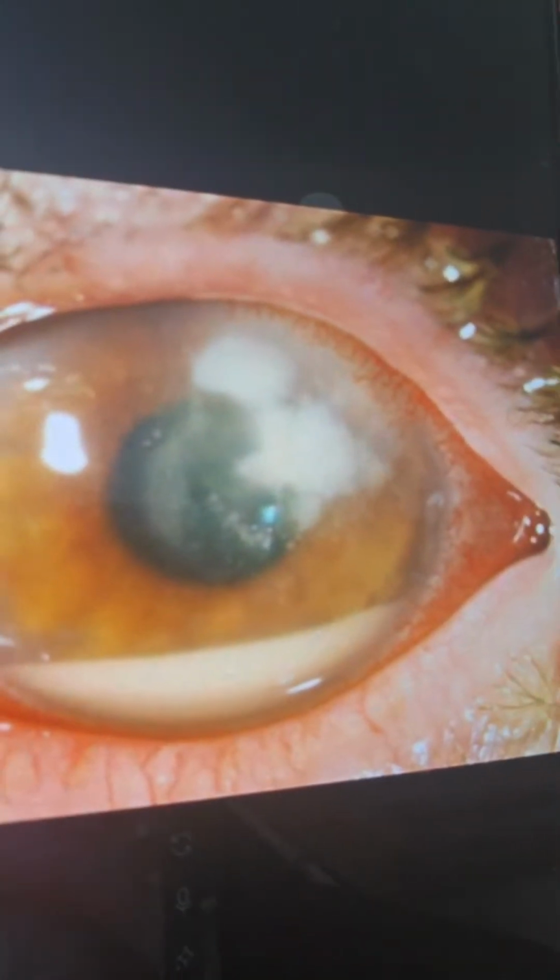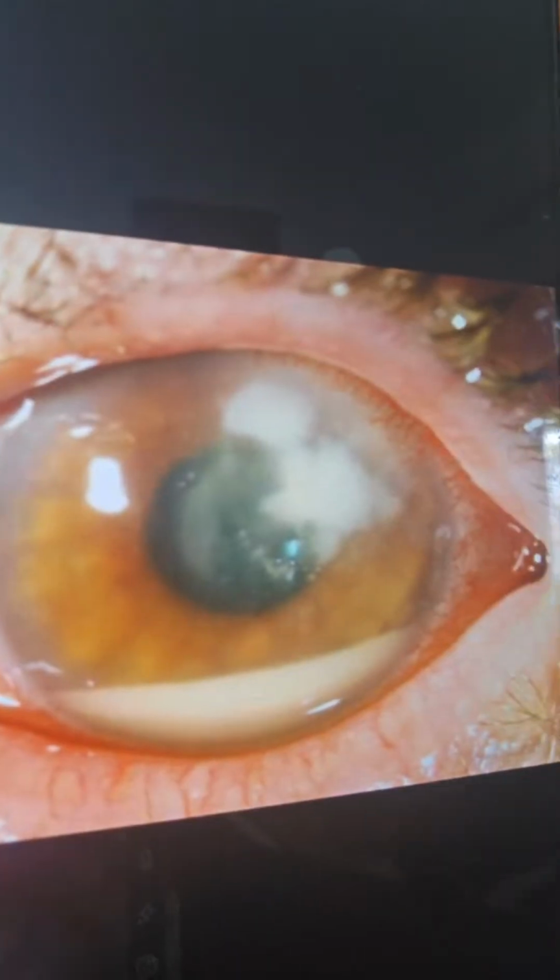Where is the other image? The other image is this one. This one is a typical aspergillus keratitis, fungal keratitis.